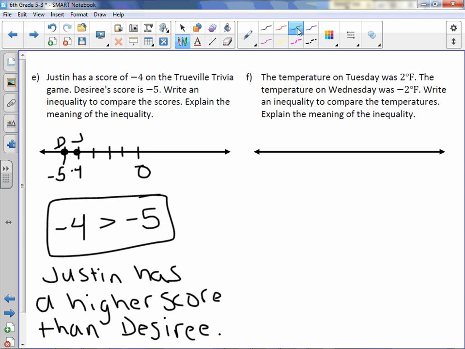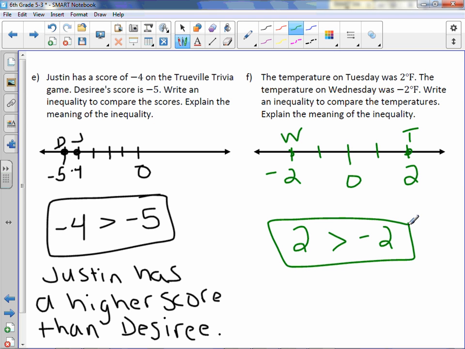Letter F. The temperature on Tuesday was 2 degrees Fahrenheit. The temperature on Wednesday was -2 degrees Fahrenheit. Write an inequality to compare the temperatures. Explain the meaning of the inequality. So +2 degrees Fahrenheit would be here, and this was Tuesday. -2 would be here, and that was Wednesday. So our inequality can be that 2 is greater than -2.